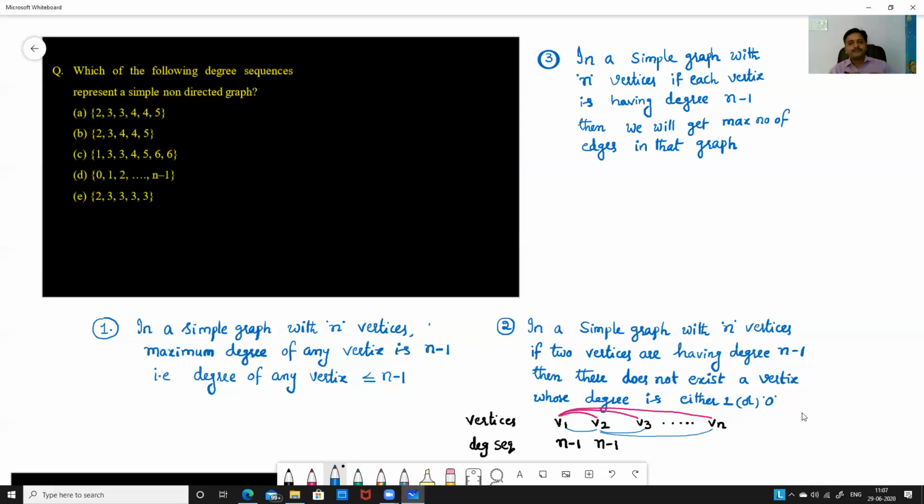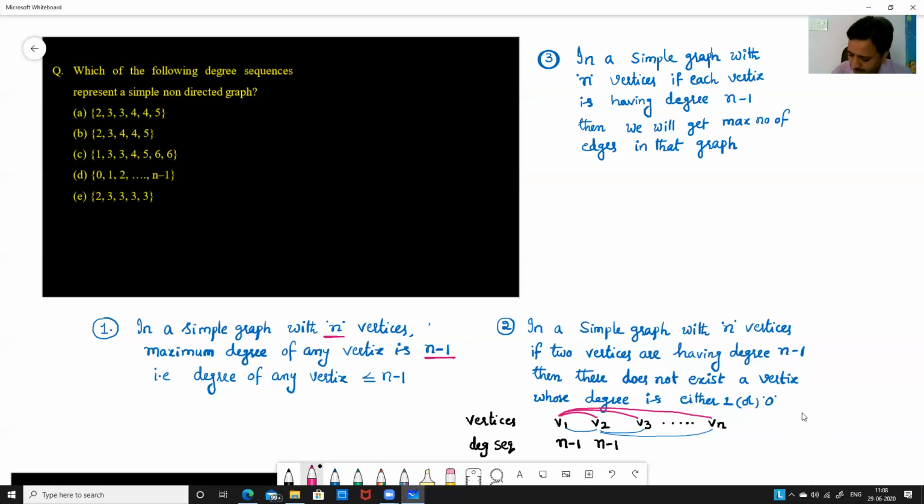Okay. And what does it mean? Suppose, according to the first property, in a simple graph with n vertices, maximum degree of any vertex is how much? n minus 1, right? Like that, suppose every vertex having maximum degree. First vertex is having n minus 1, second vertex also having degree n minus 1, like the nth vertex also having degree n minus 1.